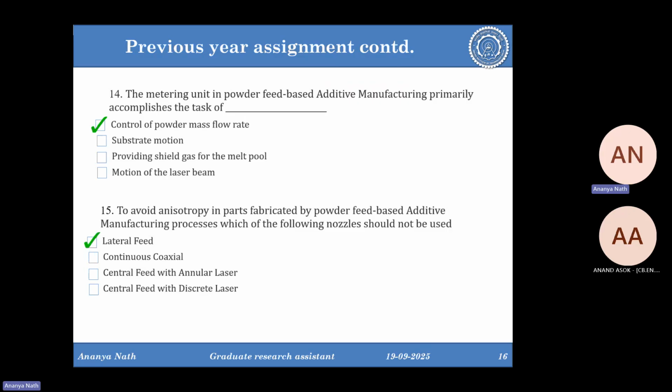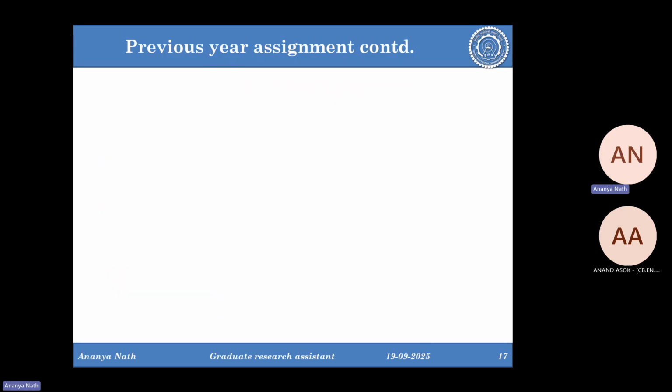To avoid anisotropy, lateral feed is not good. Only if you are interested in the directional cladding, then the lateral feeding is okay. Otherwise, if you are using lateral feeding, you will have this directionality, so your part will be anisotropic, and isotropy cannot be achieved. Coaxial one is better for isotropy.